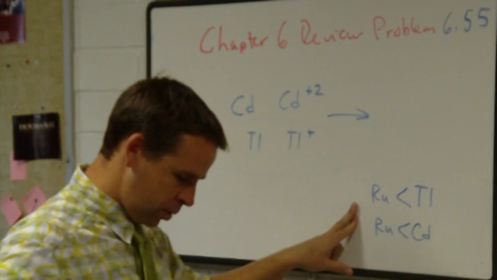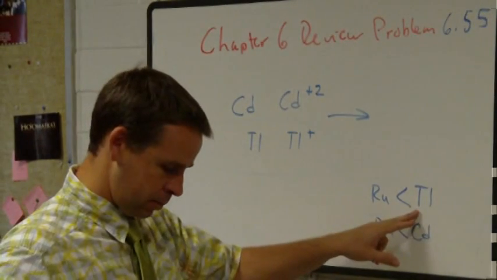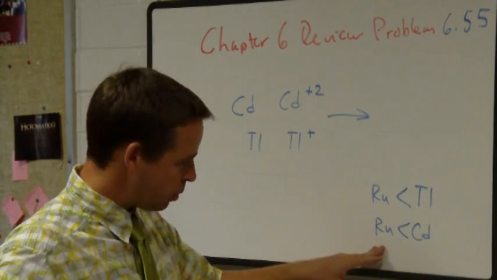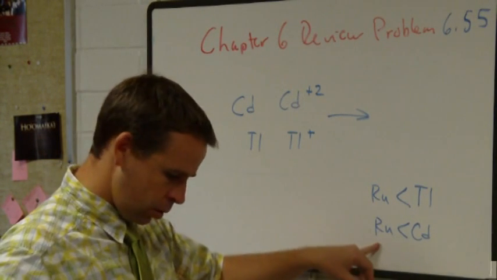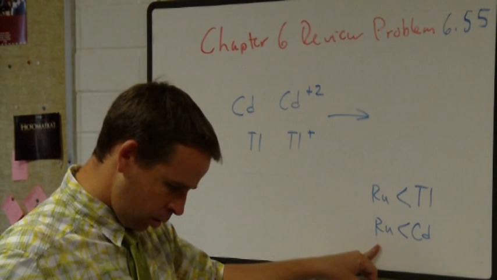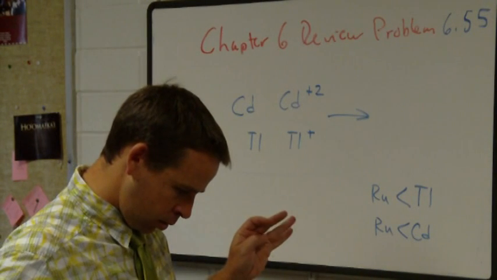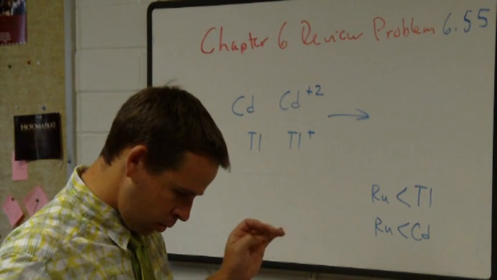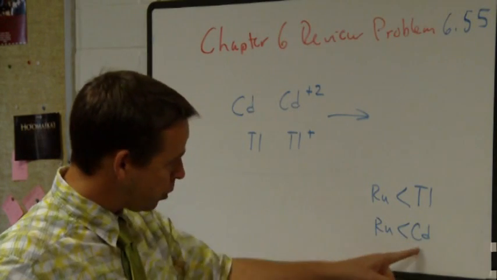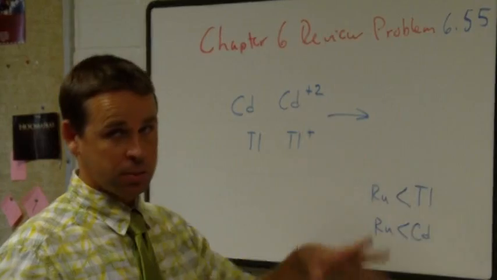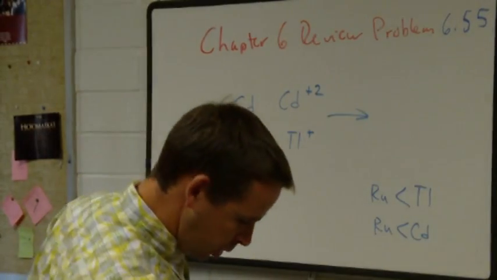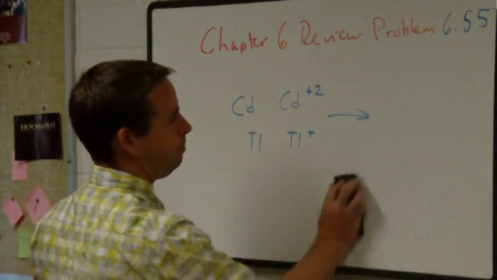Because it tells you how ruthenium is related to thallium, and the equation tells you how ruthenium is related to cadmium. But both of these are more reactive than ruthenium, so you don't know how much more reactive they are. So you can't do that one completely.